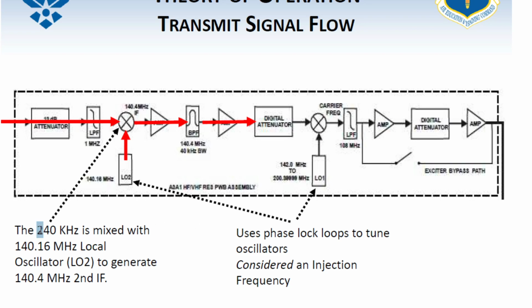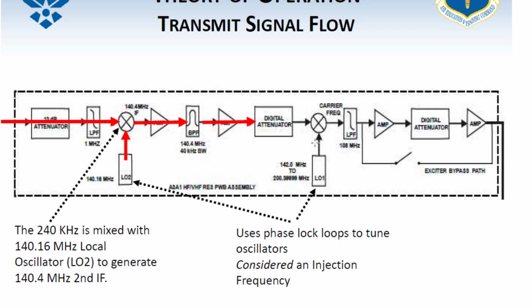So we're taking this 240 kilohertz that we had, that first IF, so this is why right here, guys, the number has to be 240 kilohertz. We're taking that 240 kilohertz, we're adding it to 140.16 megahertz, which if you do the math here, 140.16 plus 0.240 is equal to 140.4. This is why this number has to be that way.